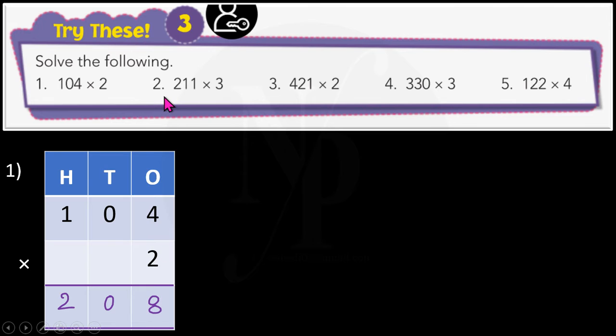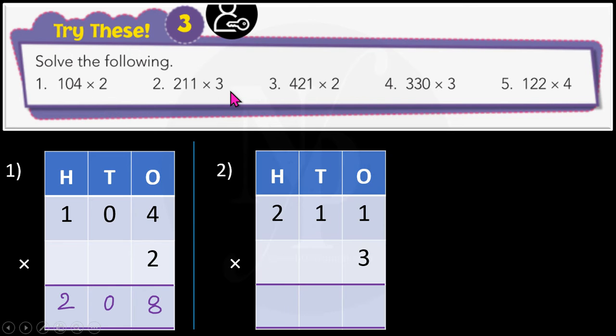Now let us take the second question. 211 into 3. Let us write down these numbers in place values table, and we multiply starting from ones place, and 3 into 1. 3 ones are 3. So we write 3 in ones place, and again we have 1 in tens place.